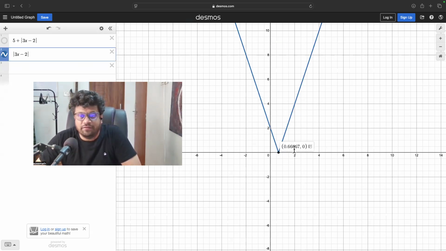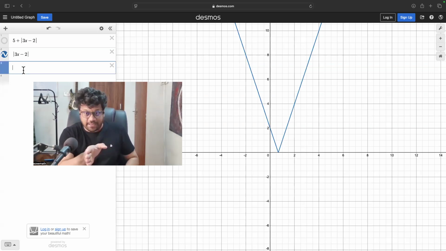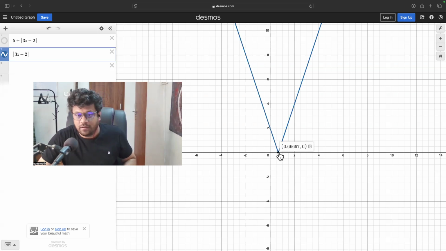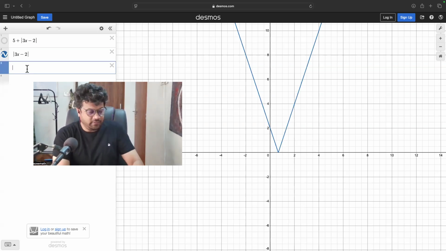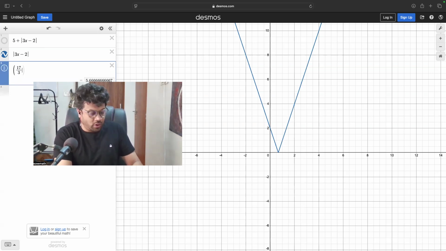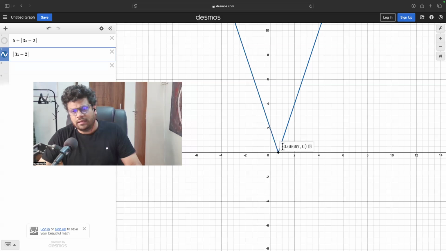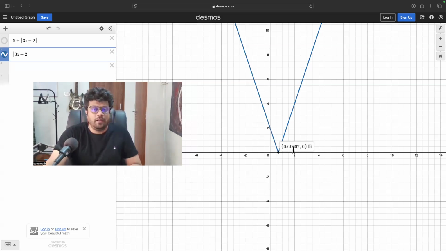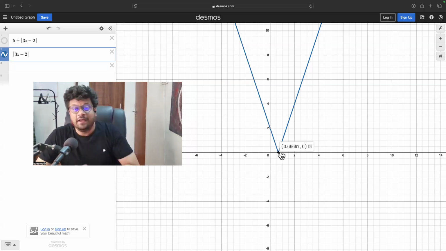What does that mean? If this vertex is at 2 by 3 comma 0, then the entire thing needs to shift up by 5.